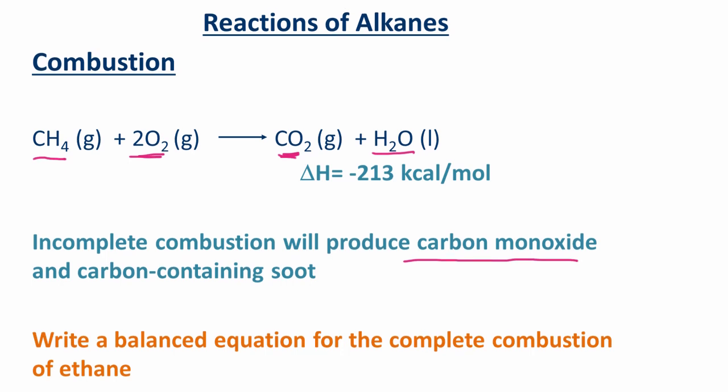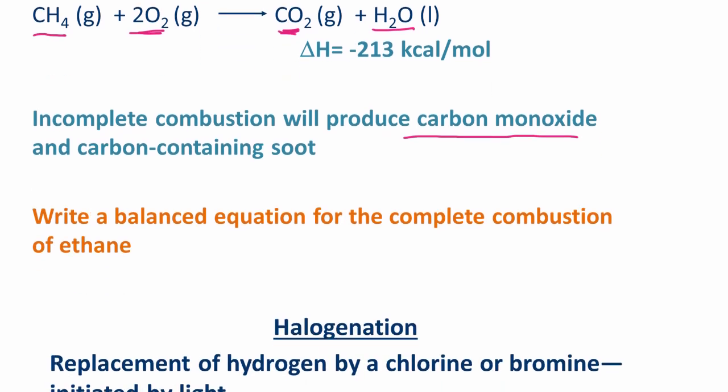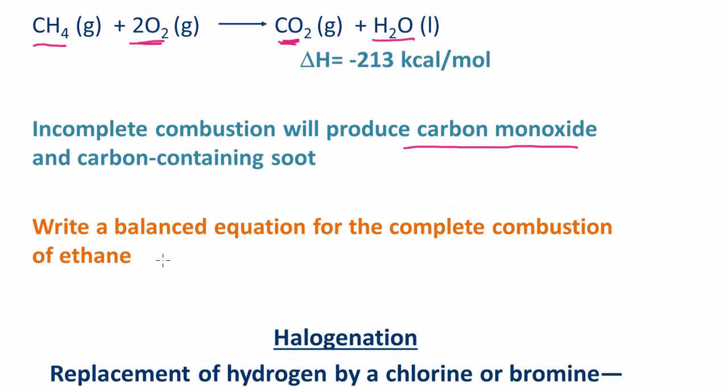So here we're asked to write a balanced equation for the complete combustion of ethane. I'm just going to go ahead and write the molecular formula for ethane. And we know that's a gas. And of course that would be reacted with molecular oxygen.